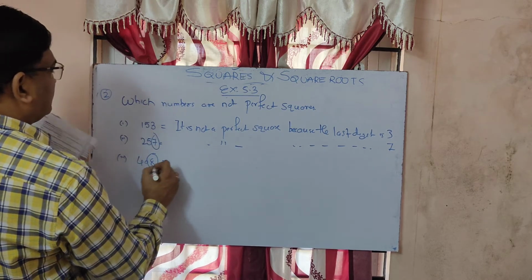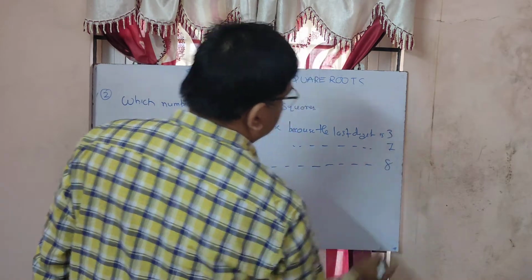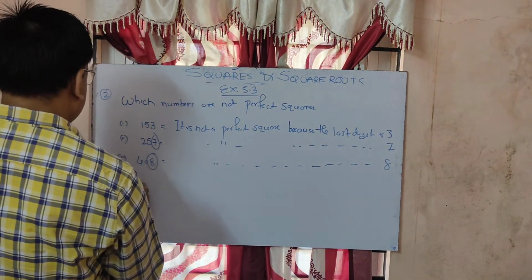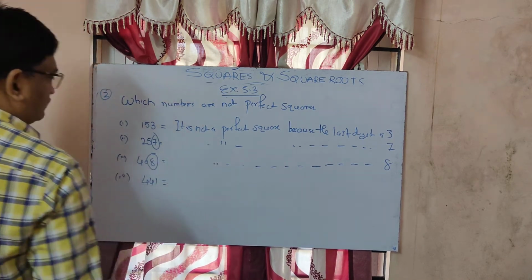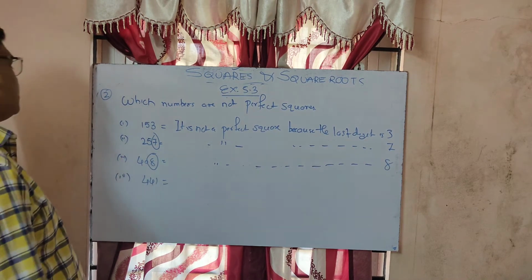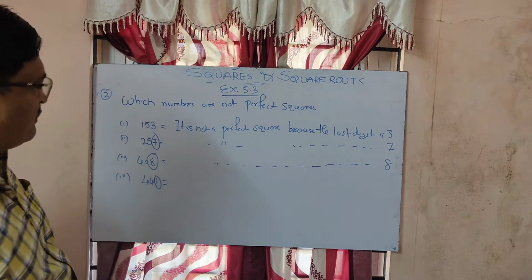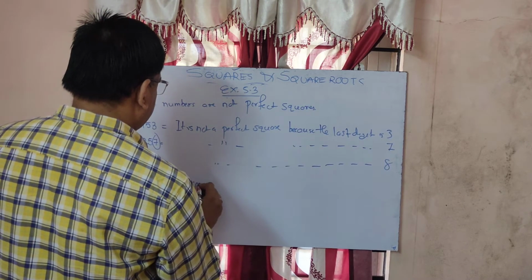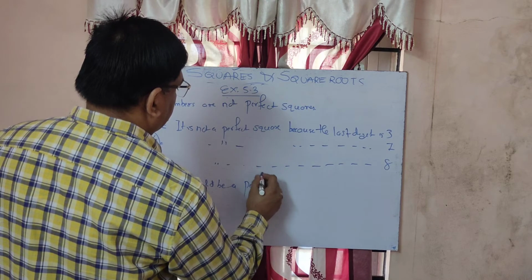What is the last digit here? 8. Therefore this is also not a perfect square, because the last digit is 8. Now the last one is 441. If we look into the property, if the last number is 1, it could be a perfect square.